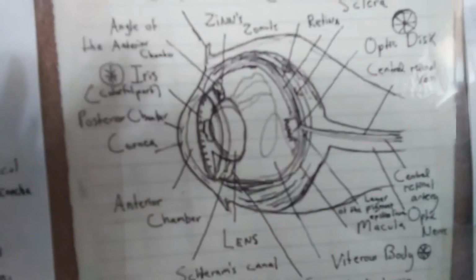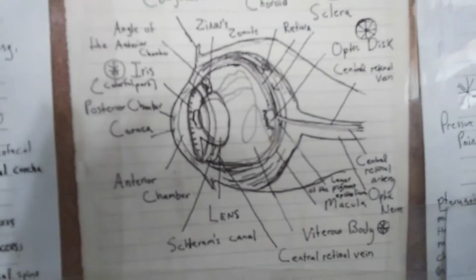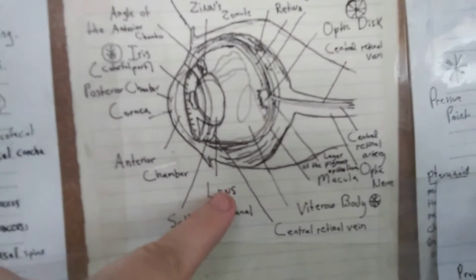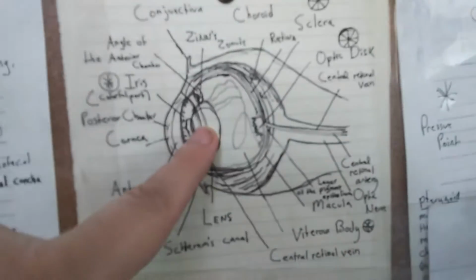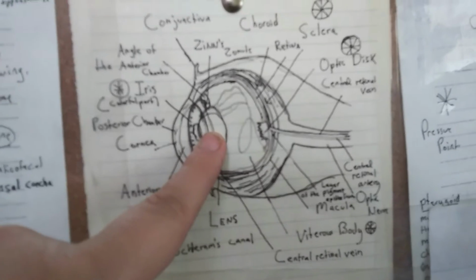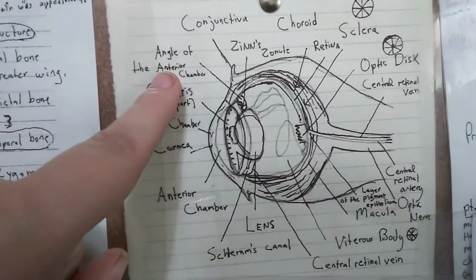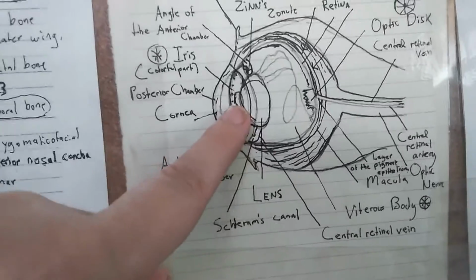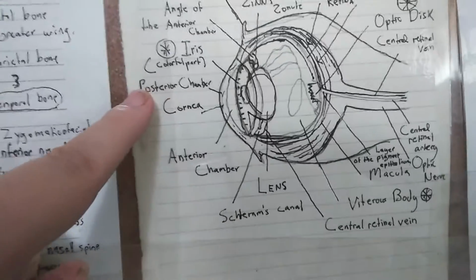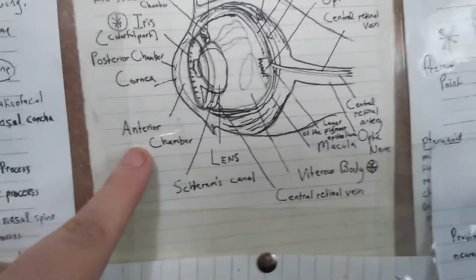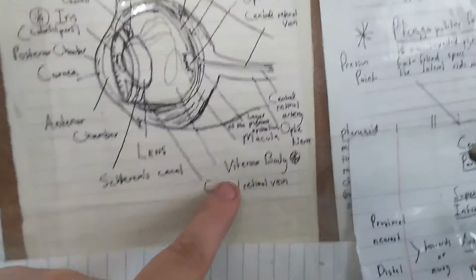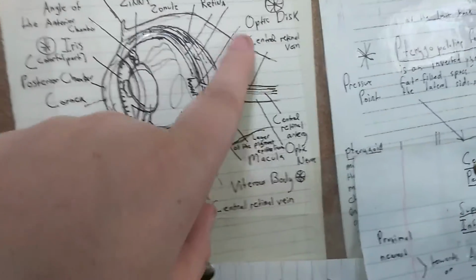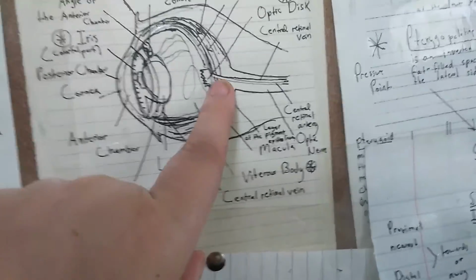So, okay, when you look at the eye, here's the lens we're talking about. The aperture, the angle, the interior chamber, the iris, right? The iris, posterior chamber, anterior chamber. Everyone knows that lens. The optic disc is behind the eye.